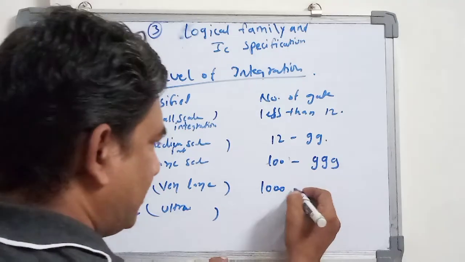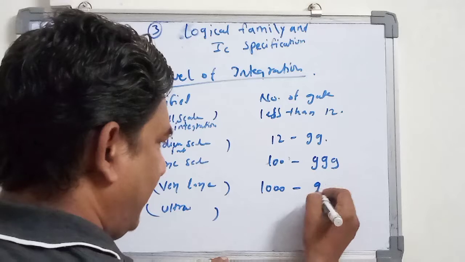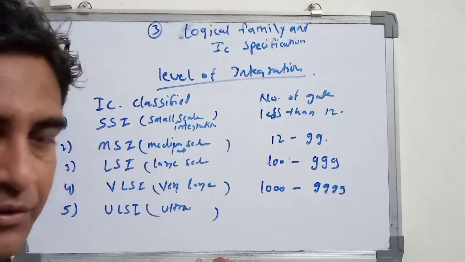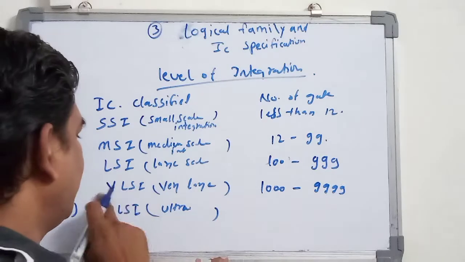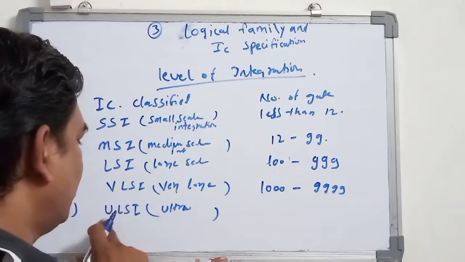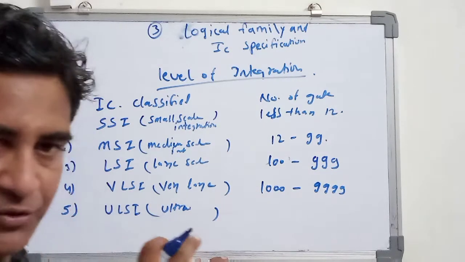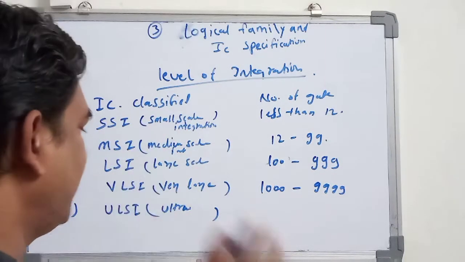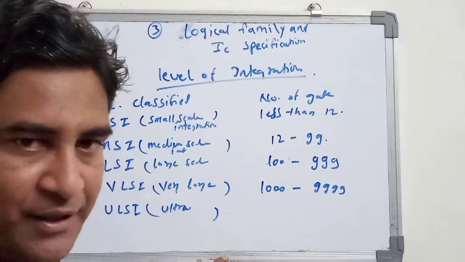Okay, this 1000 up to 9999. Okay, so these are the different gates which is used in VLSI. Also, the last, which is called in the IC classification, that is a ultra large scale integration.